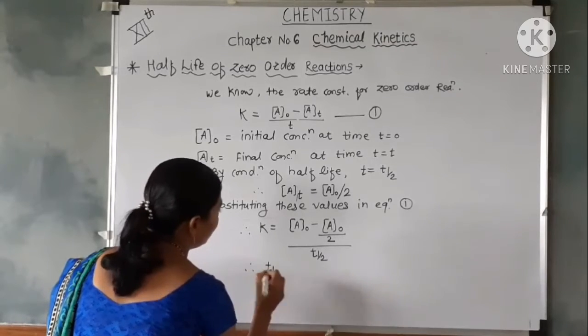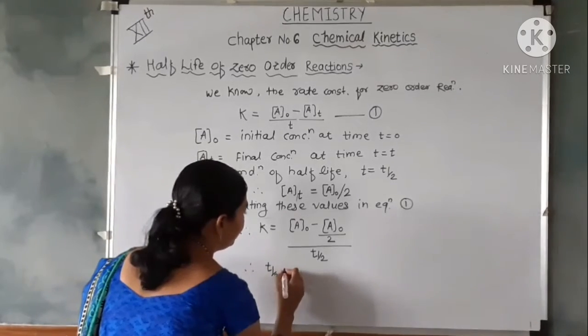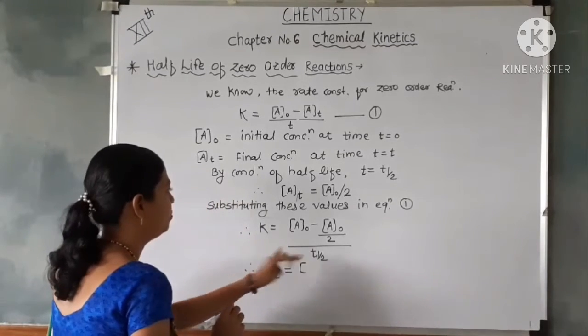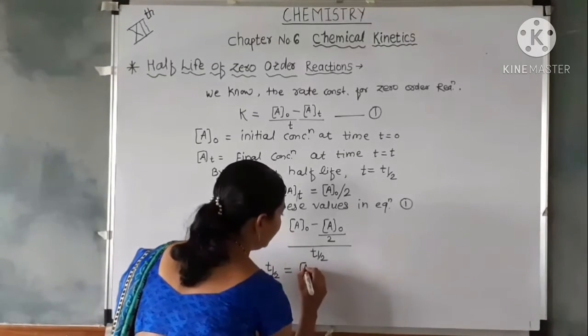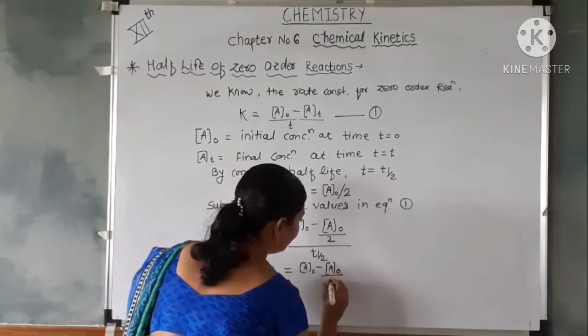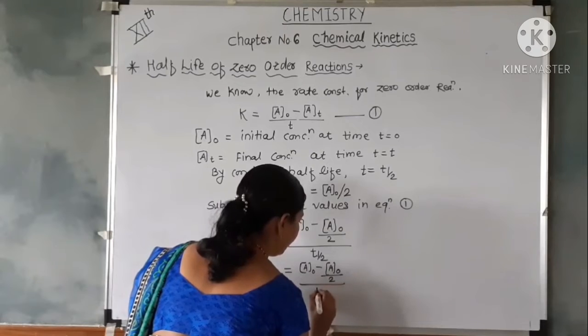We derive the equation for t 1/2. Transferring t 1/2 to this side and k to this side, we get [A]0 minus [A]0 upon 2 divided by k.